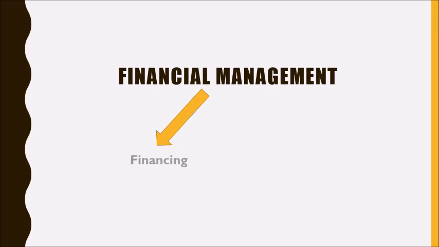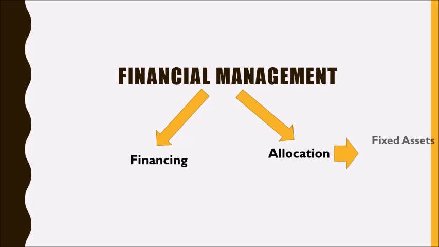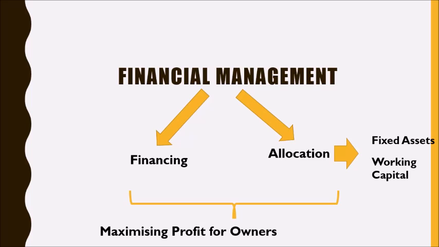So we can say financial management is mainly concerned with financing your business, arranging funds so that those funds can be allocated effectively for fixed assets creation, and for running your business. We call it working capital, and all these are done with an intention to maximize the profit for the owners.